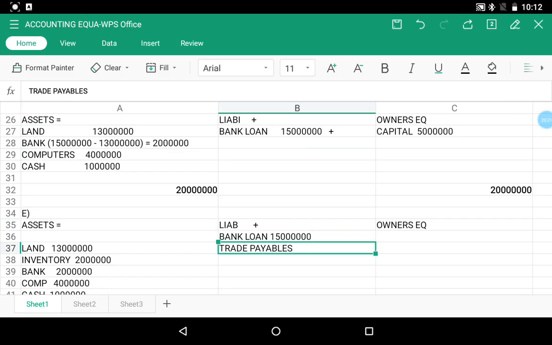That means under trade payable, we have our Tom, the one who supplied us things on credit, at 2 million. Then when you check, we don't have any other liability.